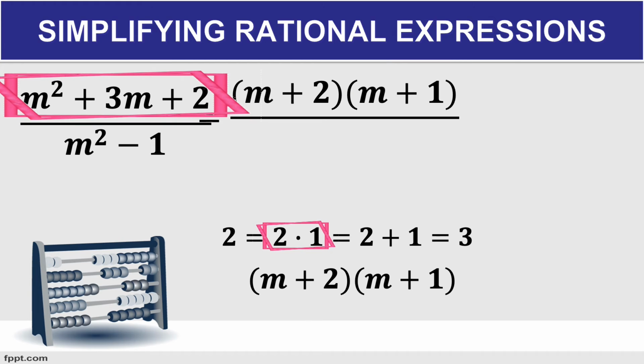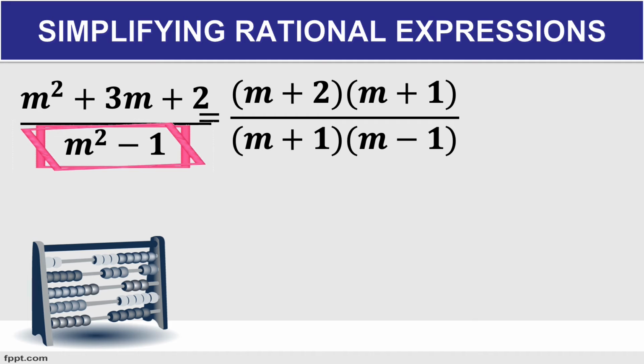Next, denominator. So, ang denominator natin is an example of difference of two squares. So, gagawa ng dalawang parentheses. Tapos, magkaiba yung sign. That is m times m, 1 times 1, then yung sign natin, isang positive, isang negative.